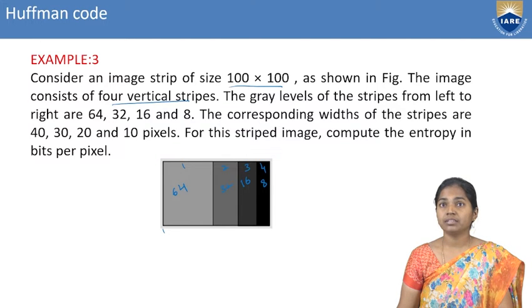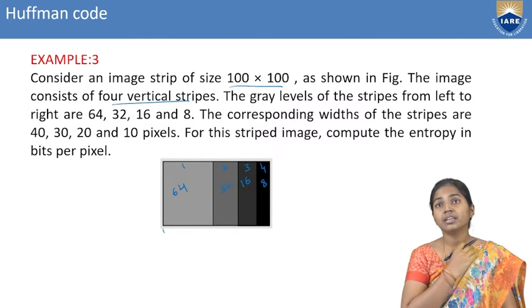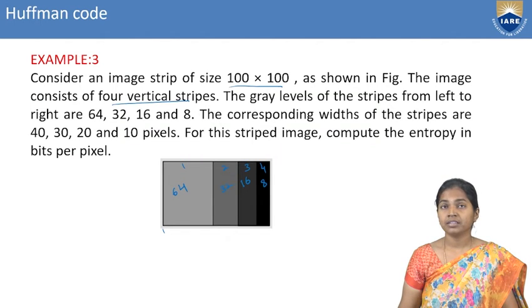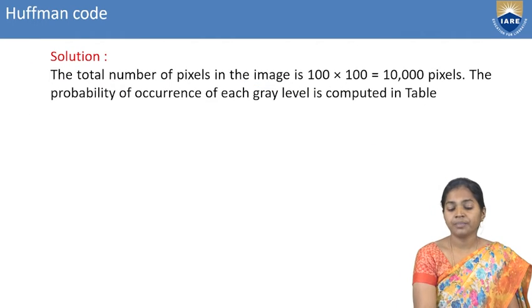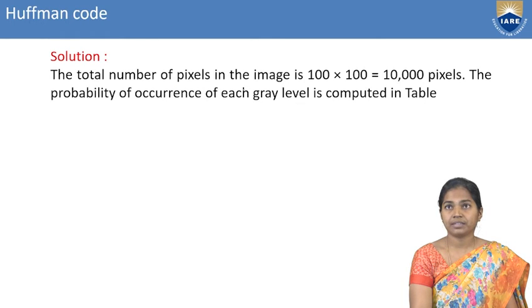With the gray level 16, 20 pixels. With the gray level 8, we are using 10 pixels. The image size is 100 into 100, so the total number of pixels in the image is 10,000 pixels.